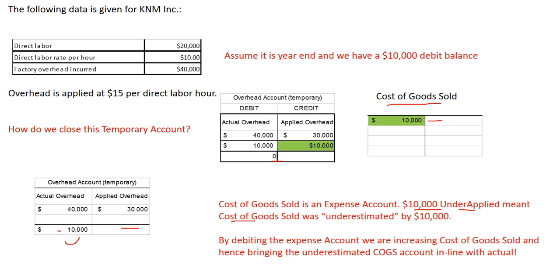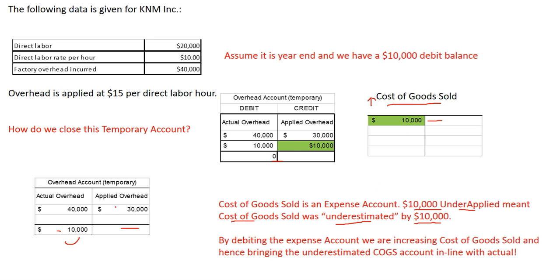So cost of goods sold was temporarily underestimated by $10,000. Okay? And by debiting this expense account, what we are actually doing is we are increasing the cost of goods sold, and we are bringing that estimated cost of goods sold in line with what's actually happening.